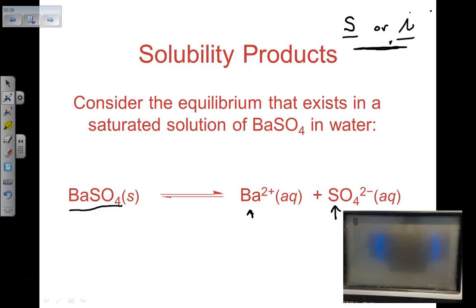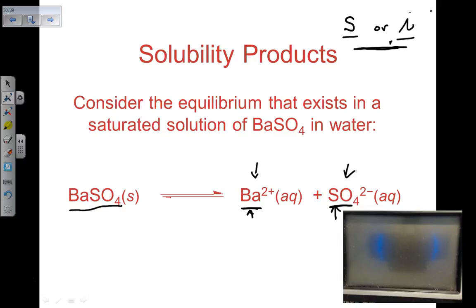Now, this reaction is a solubility reaction because when something dissolves in water, it forms its ions, okay? Now, the equilibrium is going to lie really far over this way, but still, we have some of this in the solution. And a lot of times, it's just a mathematically insignificant number.